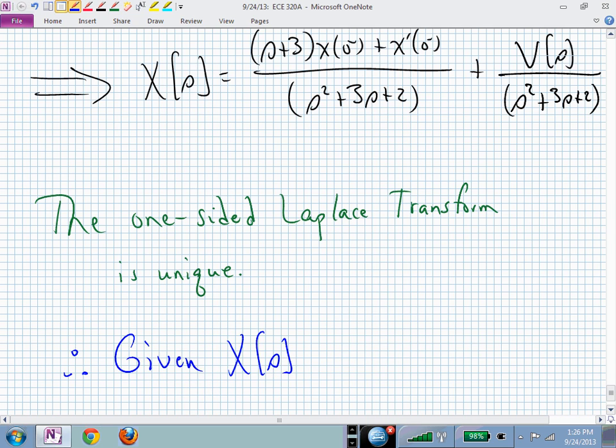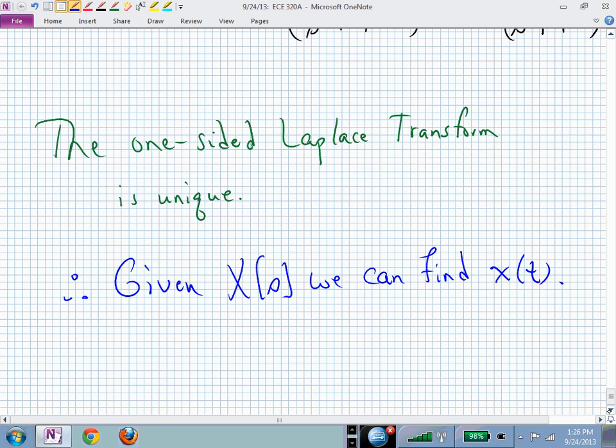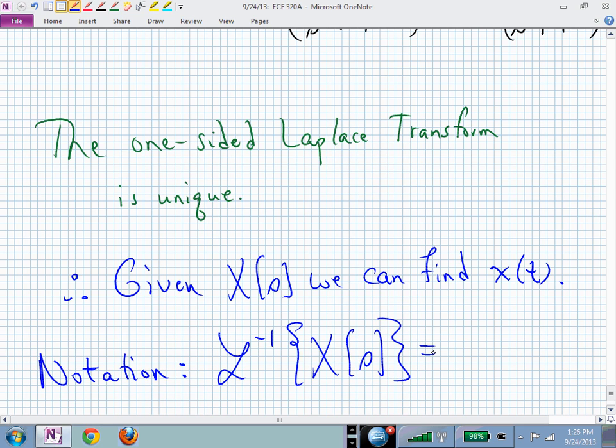The notation that we will use is we just put a -1 as an exponent on this script L. This now represents the inverse Laplace transform applied to capital X of S, and that's going to give us or produce little x of t.